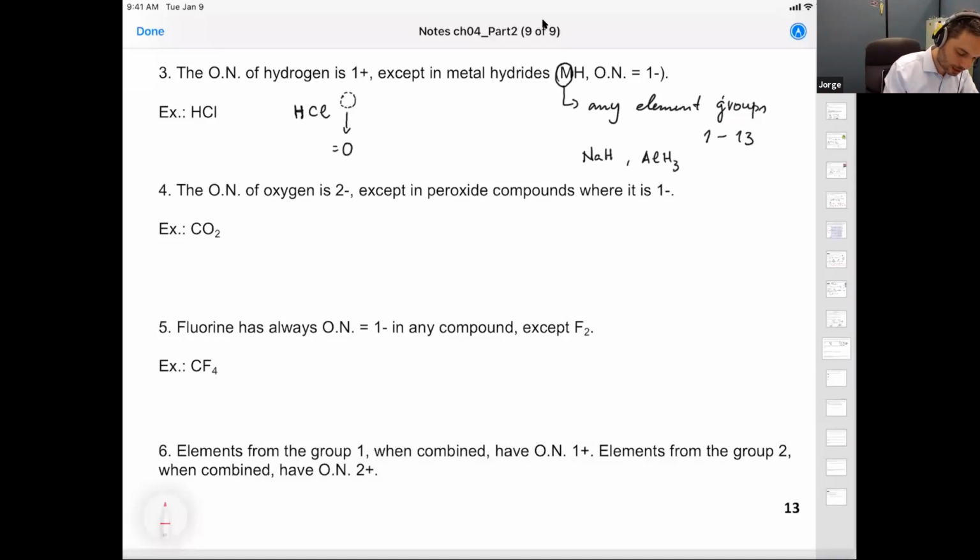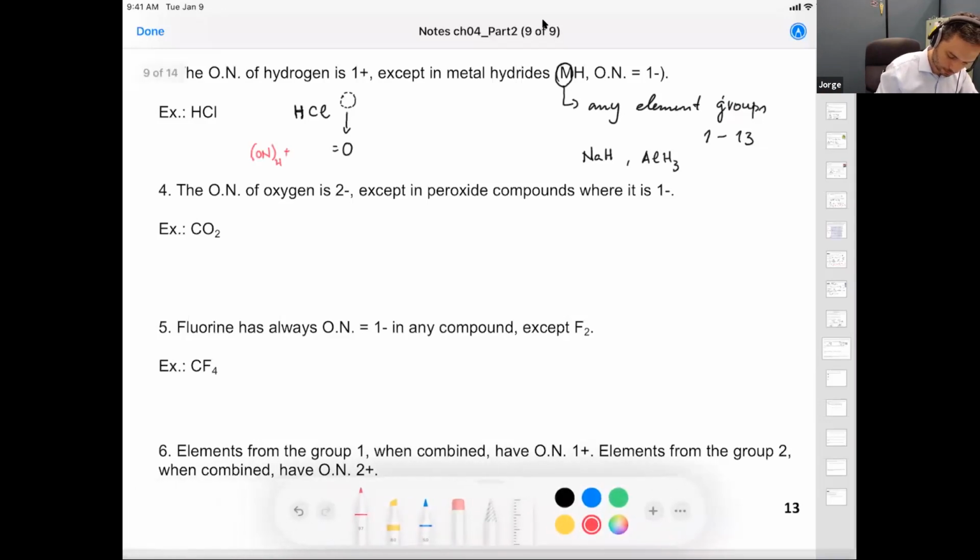So let's write that: oxidation number of hydrogen plus oxidation number of chlorine. This has to be 0 because there is nothing indicating that the compound is charged.